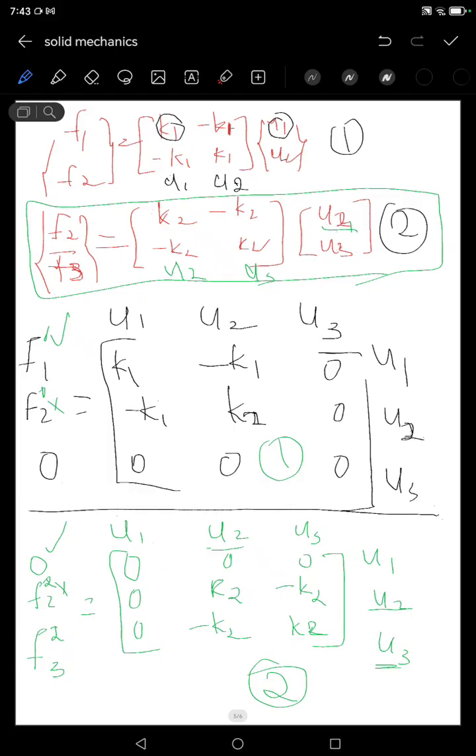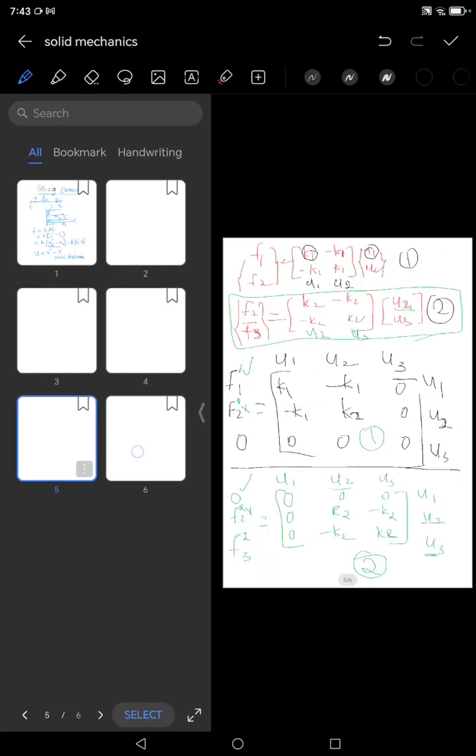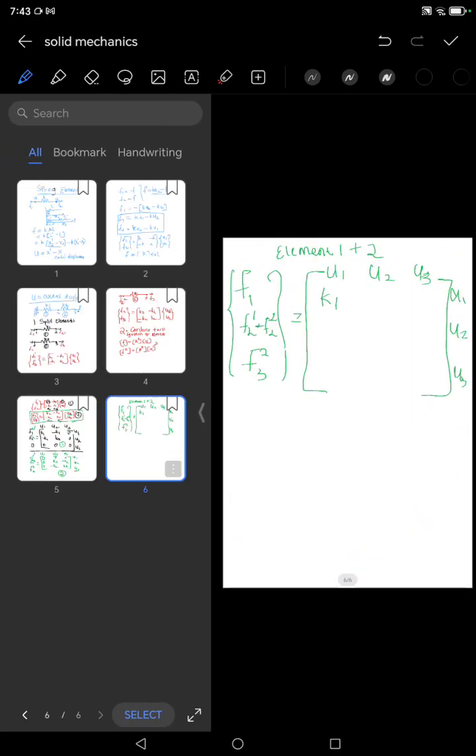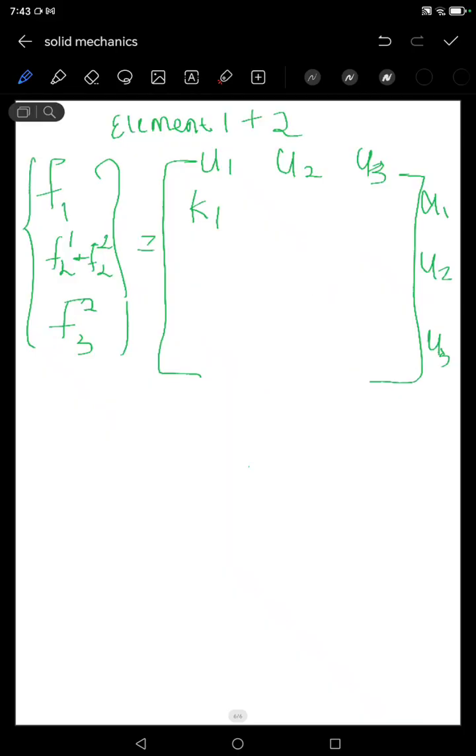And then 0 plus 0 for u1 and u3 is going to be 0. So we have a negative k1 under u1 and u2, and here is going to be 0.